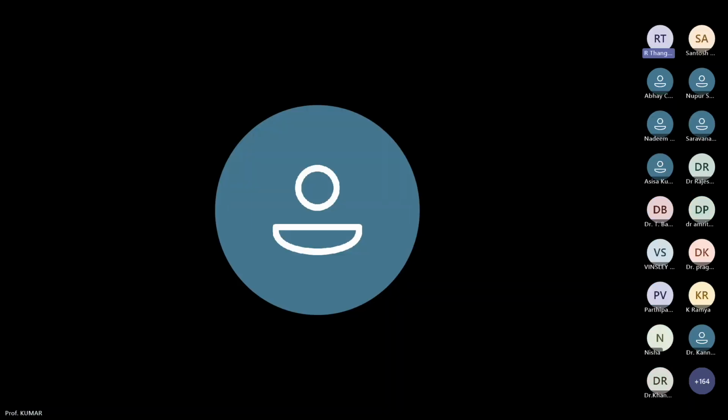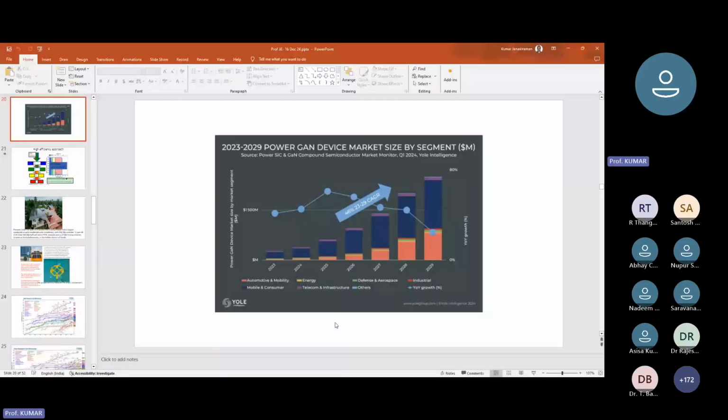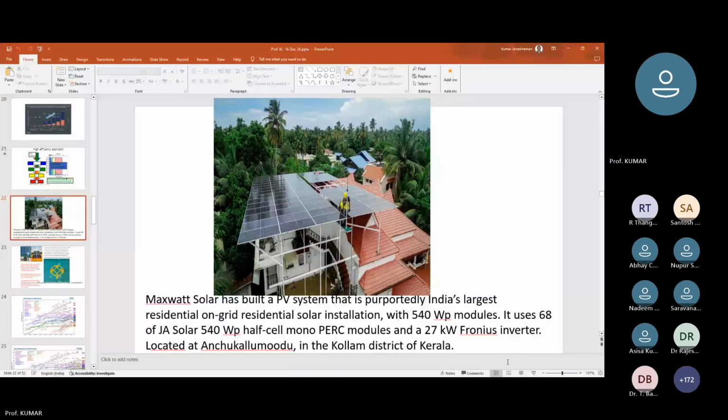Same slide, I think. No, wait a minute. Are you able to see the house with the panels? Are you able to see NREL? Yes, sir. No slide changes, sir.